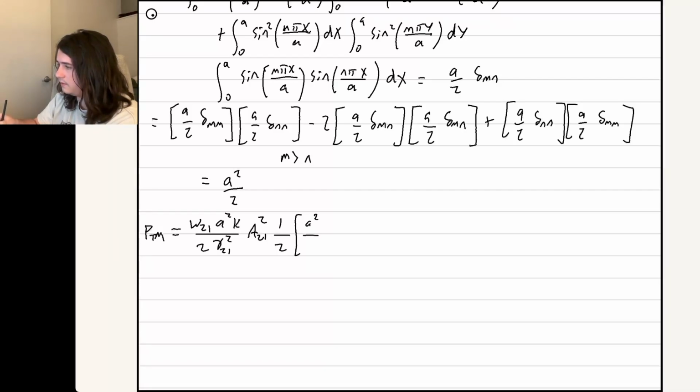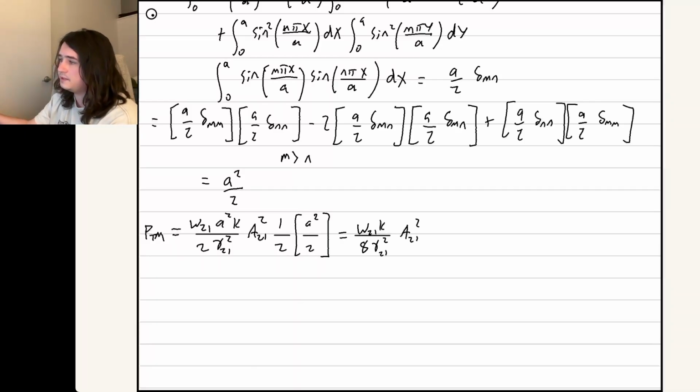And then the solution was a squared over 2. So simplifying, we'll have omega 2,1 k over 8 gamma 2,1 squared, A 2,1 squared.